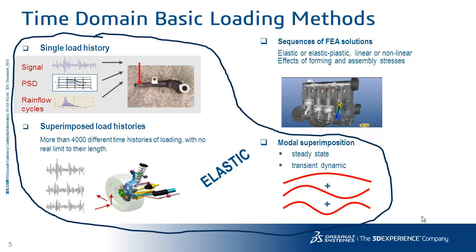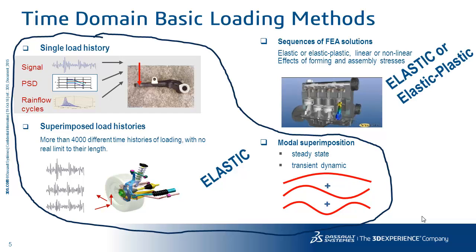And in that special case of modal steady state or transient dynamic, FE-Safe will convert that to the time domain, at which point it will be equivalent to the superimposed load histories. The single load history is a special case of the superimposed. If you use a single, very simple cycle, you have some options of how you express that load history, either as a time signal, a PSD, or a preprocessed rainflow.